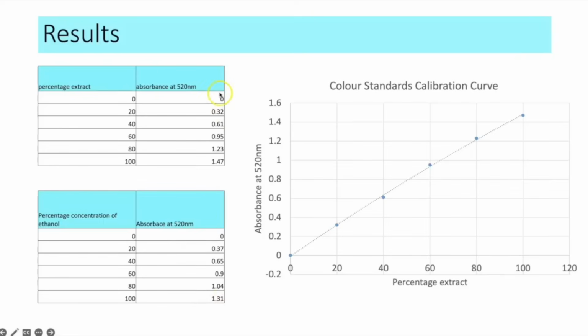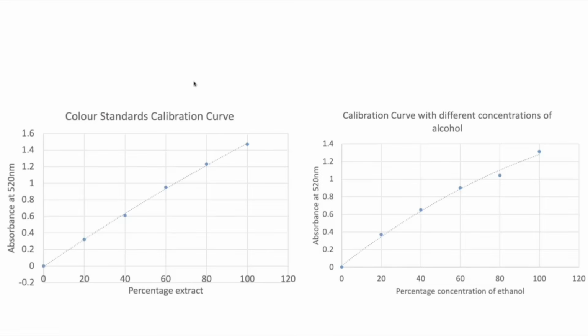Now, one thing I'm just going to point out at this stage is you do have to make sure in your tables that you are recording all of your values to either the same number of significant figures or decimal places, and that is not being shown in this instance. So seeing as these are all to 2 decimal places, that should be 0.00, this should be 0.90, and this should also be 0.00.